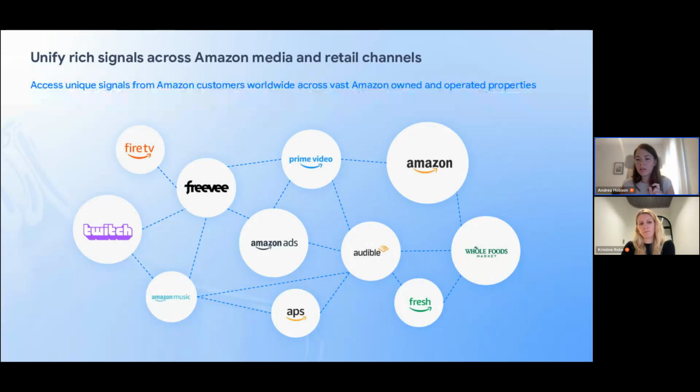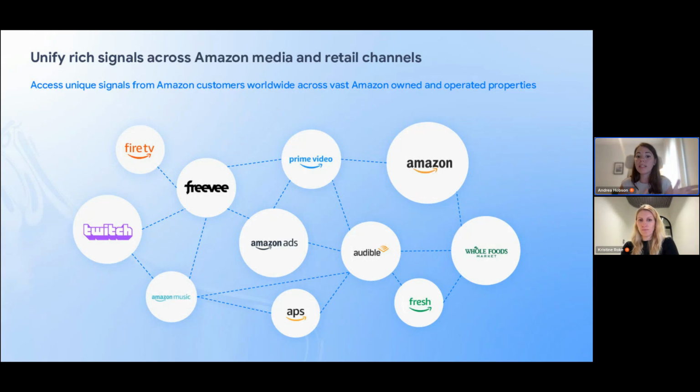And by combining these signals with AMC, you will gain a holistic view of your audience behavior that isn't available anywhere else. This unified data set will give you deeper analytics, better audience segmentation, and more precise measurement of campaign impact.